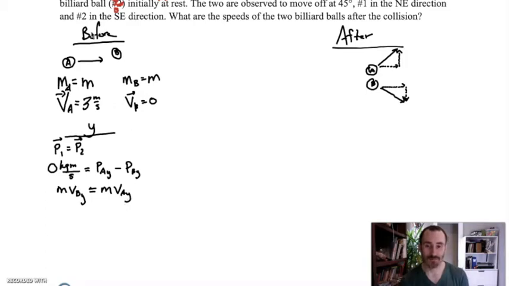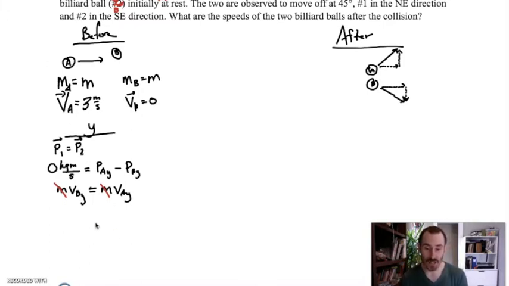Okay? But notice that we have a common mass here, so we don't even need that thing. So what this says here is that the velocity of ball A and the velocity of ball B should be the same, just in opposite directions. Okay, so that's going to be important.